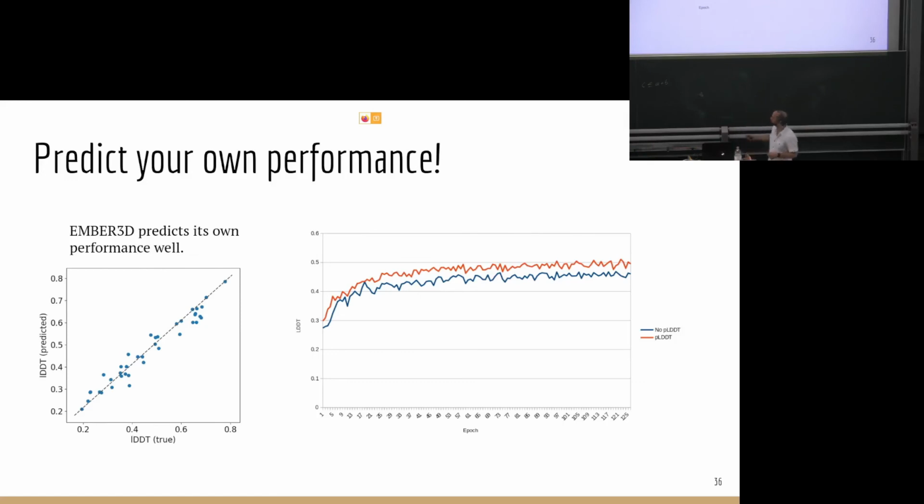So I was training essentially the same system, the same architecture, same hyperparameters, same data set, and so on. Just one where I have the predicted LDDT and one where I simply zeroed out the loss. As you can see, there's a striking difference in the performance of both of these systems, right? This is about a standard error that we gain just by predicting one's own performance.